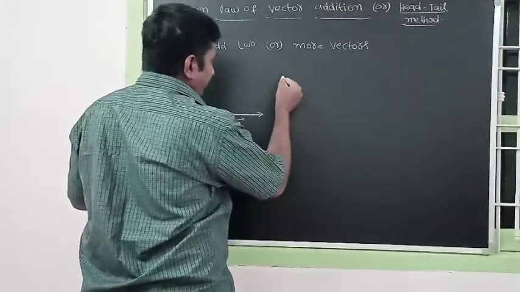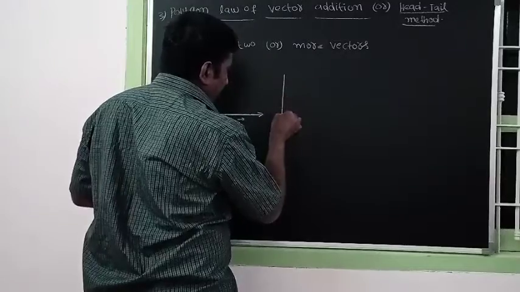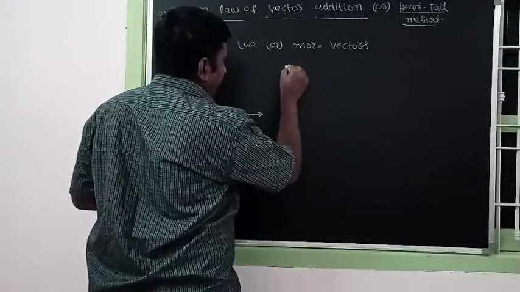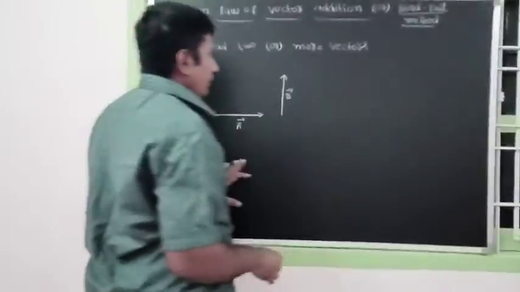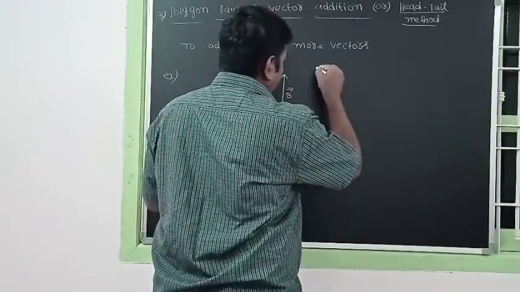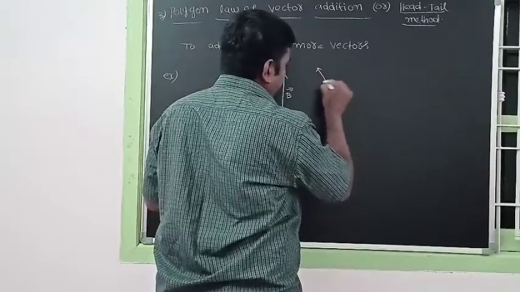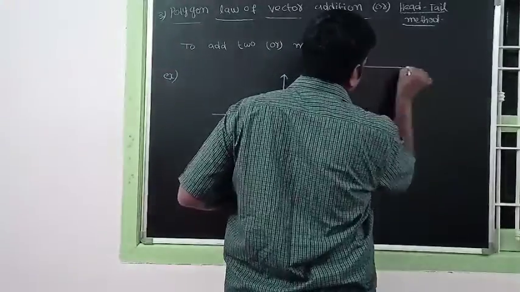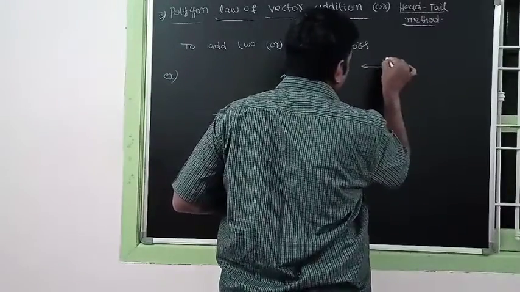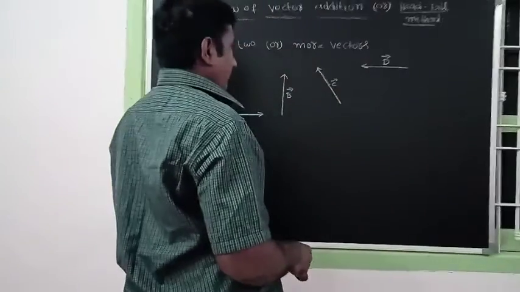The next one I am taking here as a B vector, and another one I can take here as a C vector, and one more as a D vector, like this.